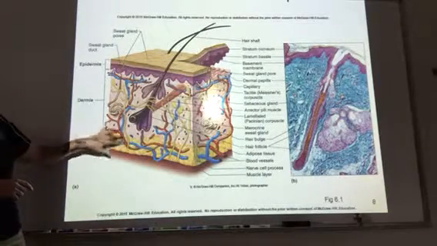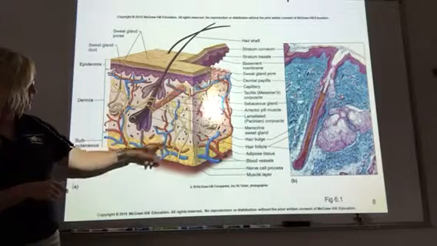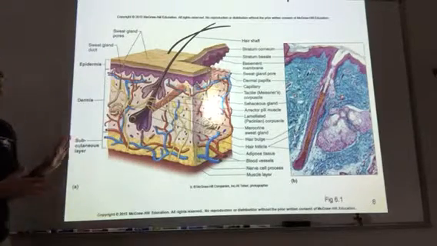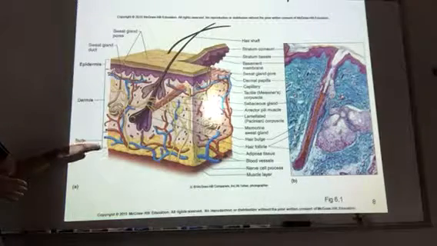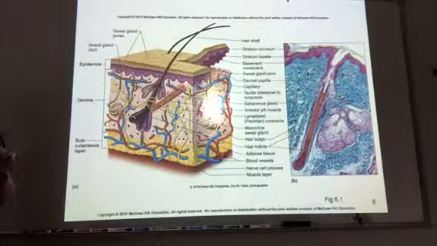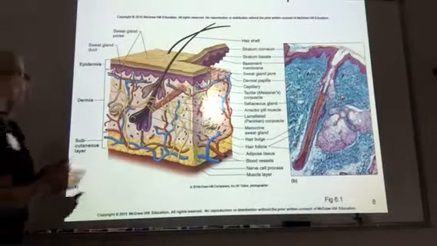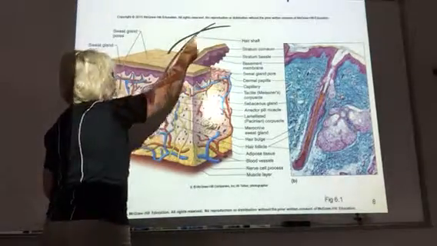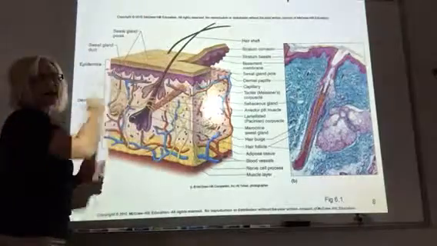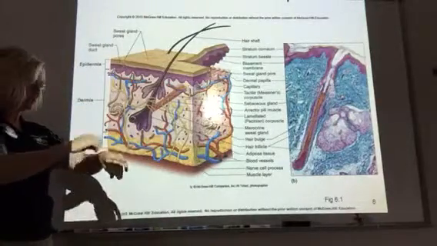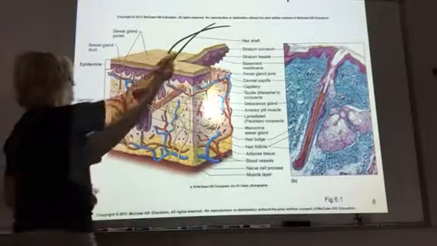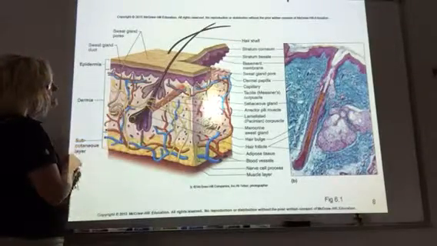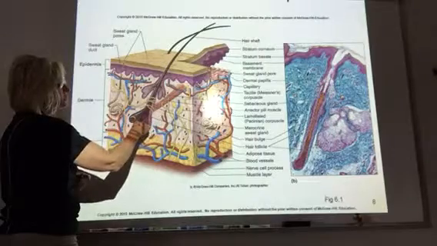Notice your larger blood vessels are down at the bottom and they branch up. So this picture shows the three main layers. Inside the layers, a hair shaft comes out of the skin, the hair you see on your arms or wherever, and it goes into your skin.